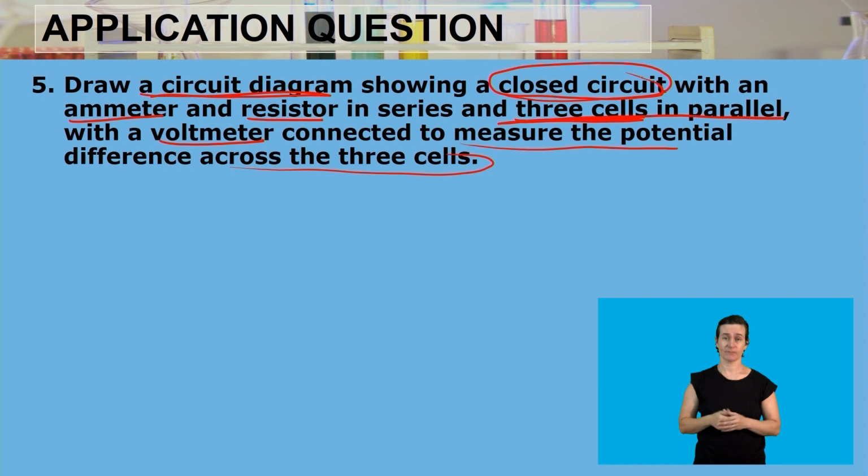So first of all, starting with the 3 cells connected in parallel, we are going to have 1, 2, and 3. Now, all of these are going to be connected in parallel.